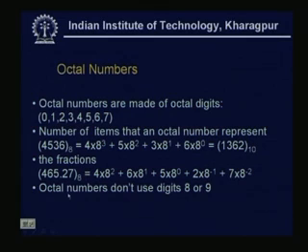One thing you notice is that octal numbers do not use the digits 8 or 9. Only these 8 digits, 0 to 7, are used, that is why the base is 8.